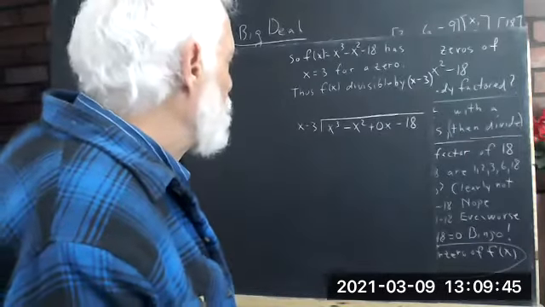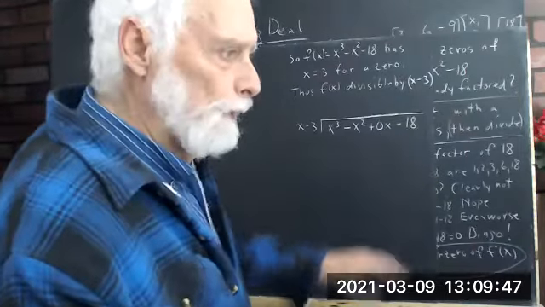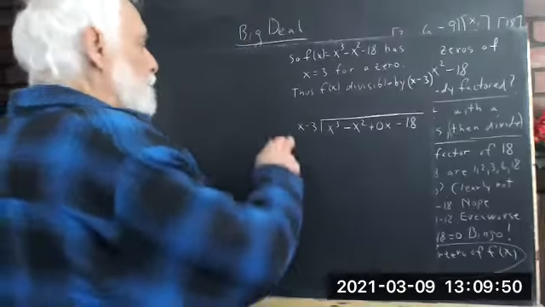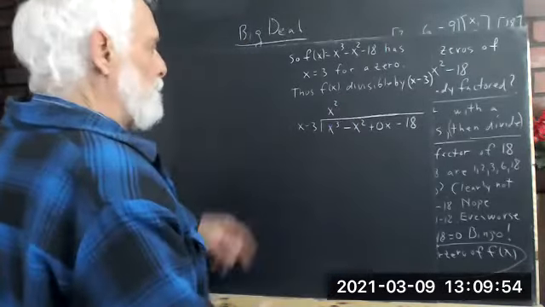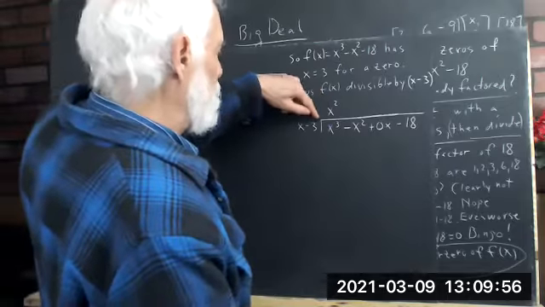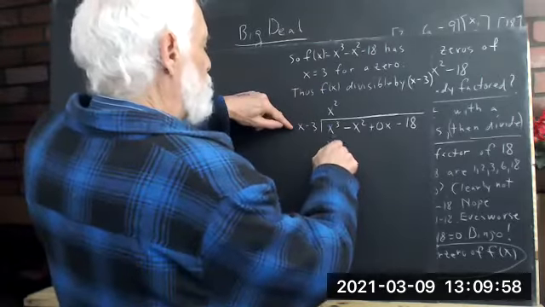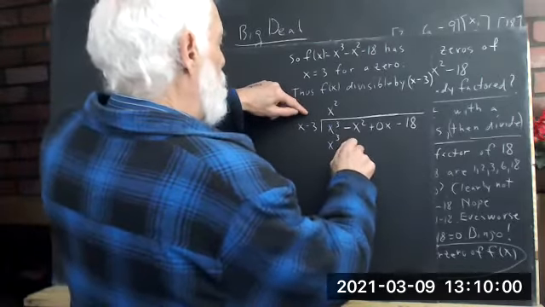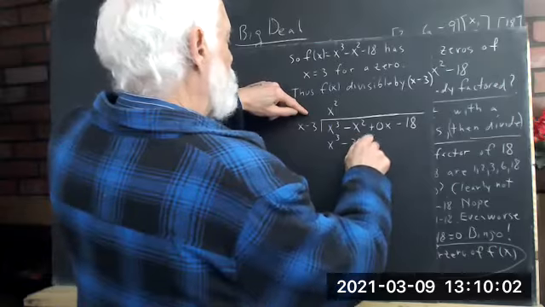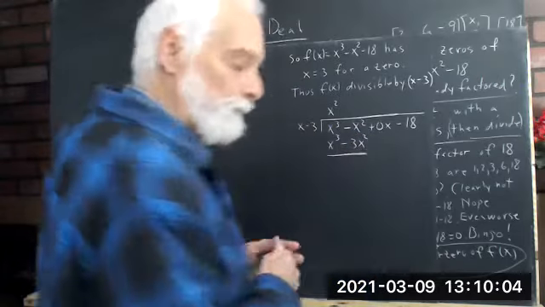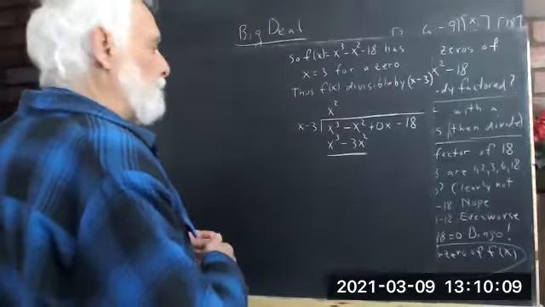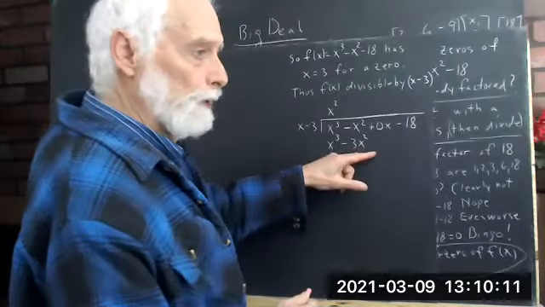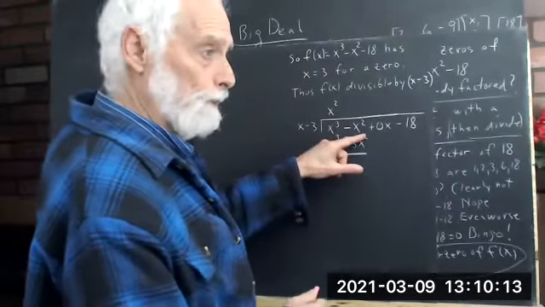Okay, so x minus 3 divides this. Well, x goes into x cubed, x squared times. x squared times x minus 3 is going to give you x cubed minus 3x squared. Now, following the procedures that we saw last time, we have to subtract this from this.